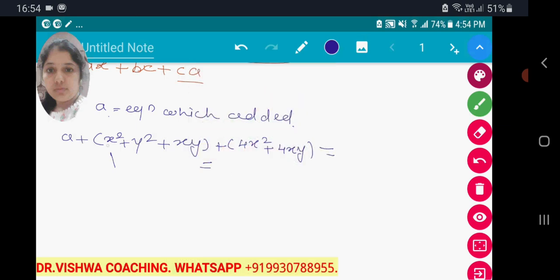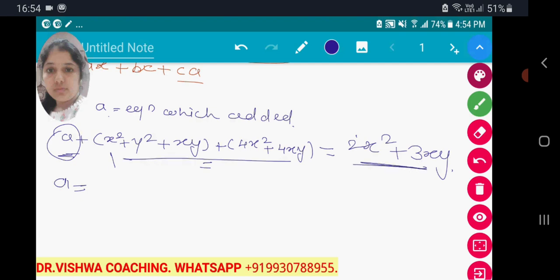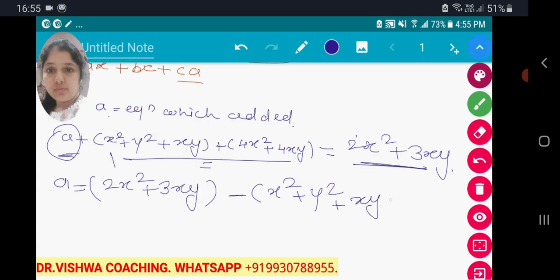So if we add this a inside this, our equation becomes 2x square plus 3xy. Now to find the value of this equation, which is a, we will subtract this addition from this given equation. So a is equal to 2x square plus 3xy minus x square plus y square plus xy minus plus 4x square plus 4xy.